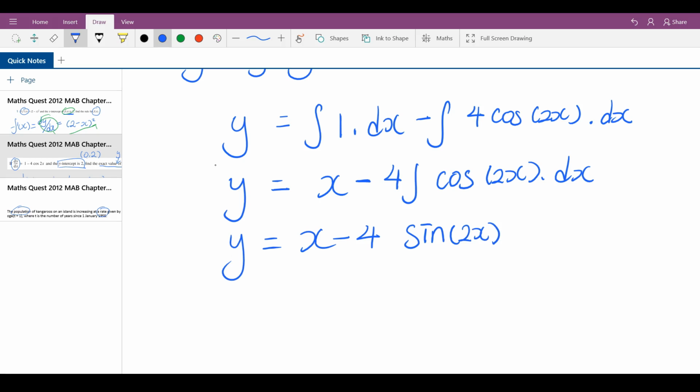So it just becomes sine 2x. Now, when you differentiate sine 2x, remember, you don't just simply change the sine to cosine, you also multiply by the derivative of the inside. So when integrating, we have to divide by the derivative of the inside, which is 2, right?